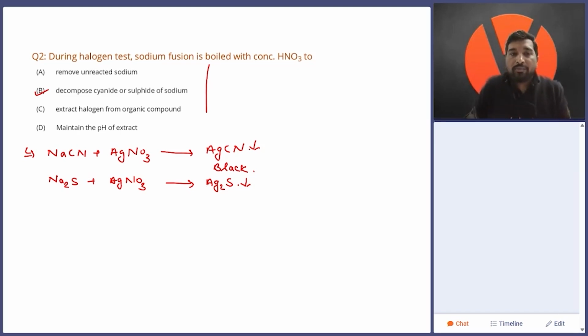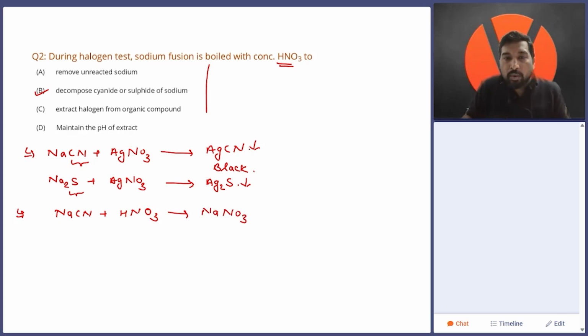So first we have to remove these ions, CN minus and S2 minus, before adding AgNO3. So what will happen when we boil the sodium extract with HNO3? NaCN will form NaNO3, and HCN gas will be removed from here.